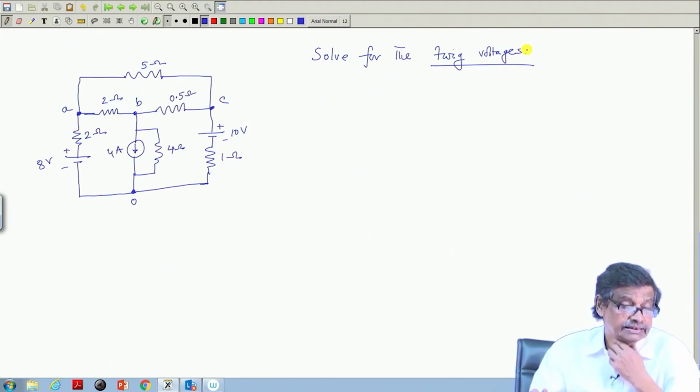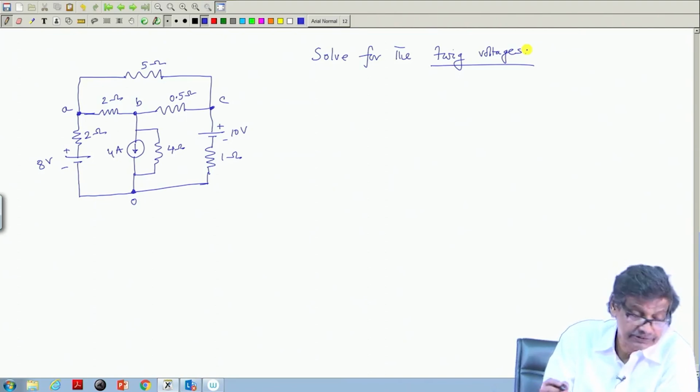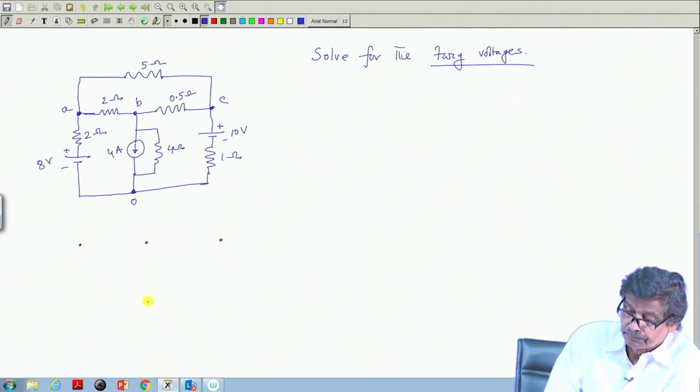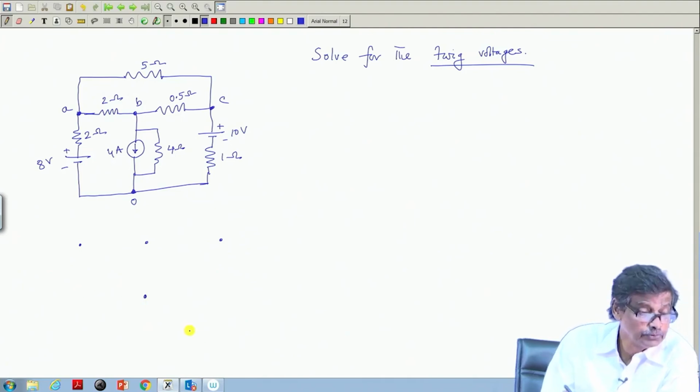So, in this network, the first step is you draw the graph of the network, and this you have to do very peacefully. Okay?